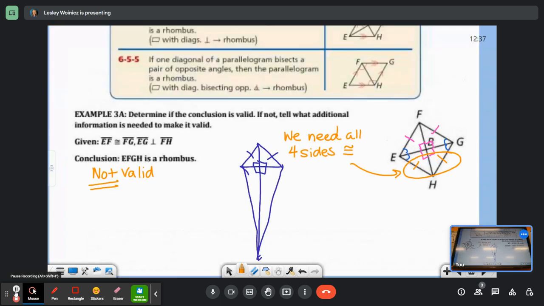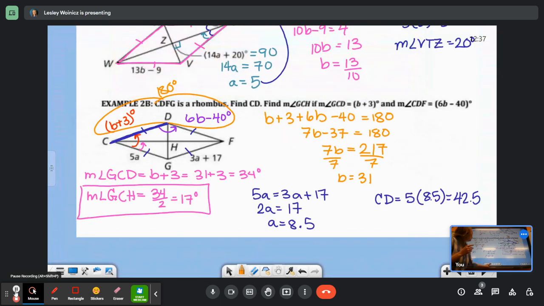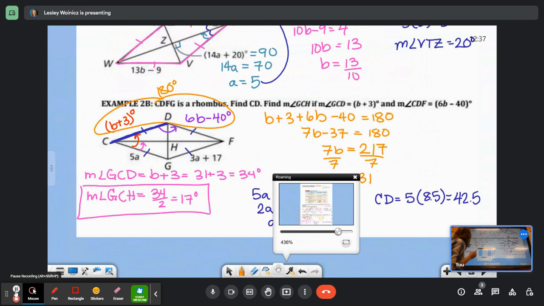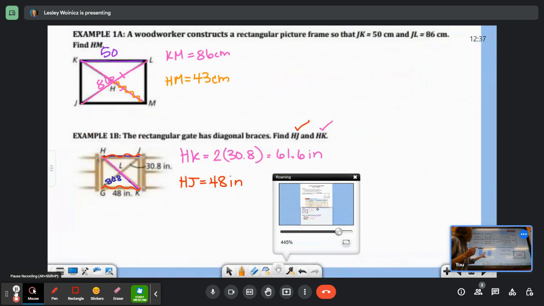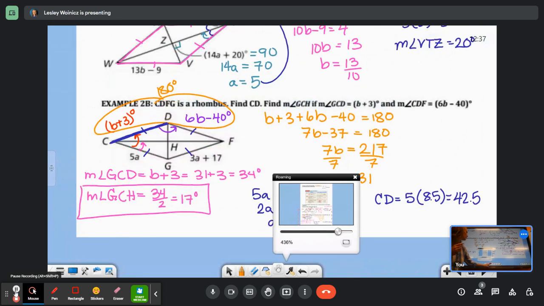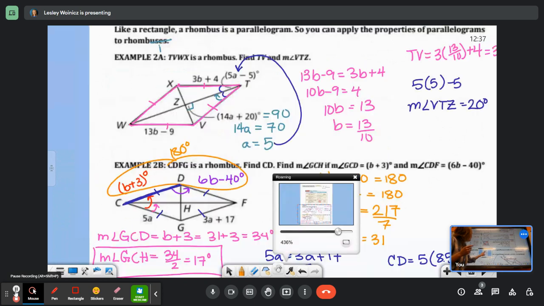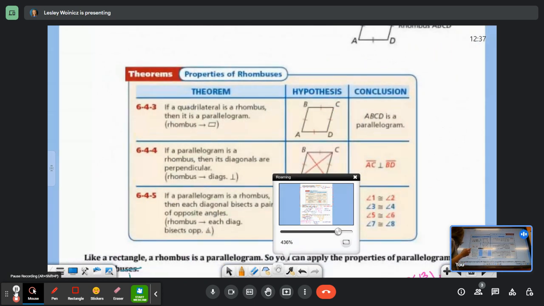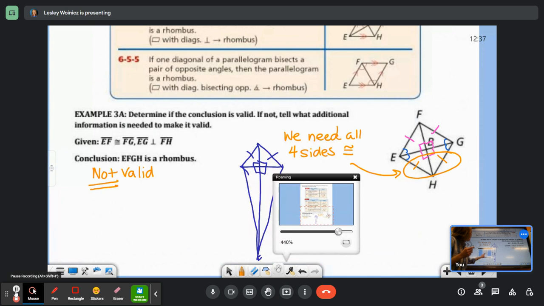I'll go back with you. No, I went too far. Is it the diagonals of the parallelogram? Am I not working with parallelogram? Where are you? I'm lost.